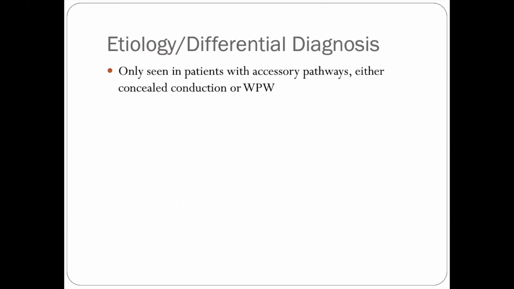The etiology here is that either of the AVRTs are only seen in patients that have the accessory bypass tract. And that can either be a concealed conduction or WPW. Concealed conduction is just a way of saying that somebody with an accessory bypass tract doesn't have any electrocardiographic signs of it.